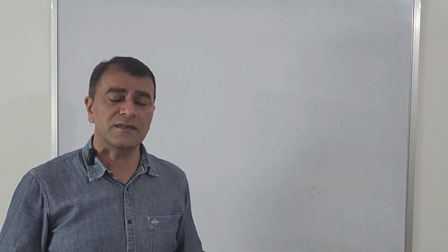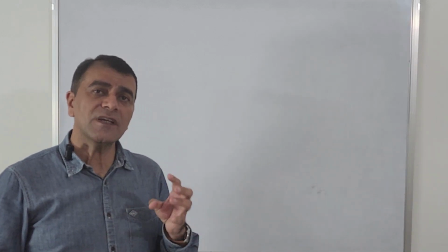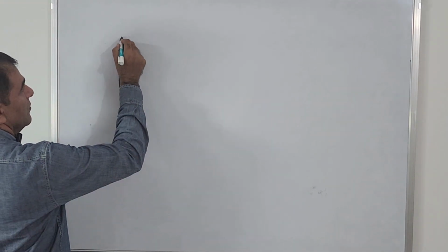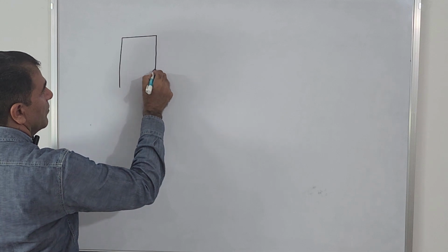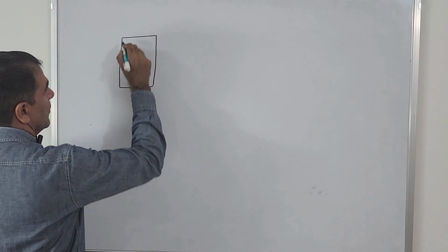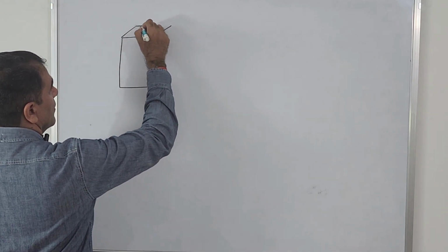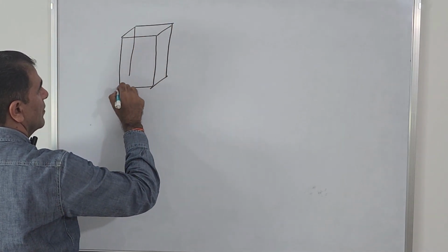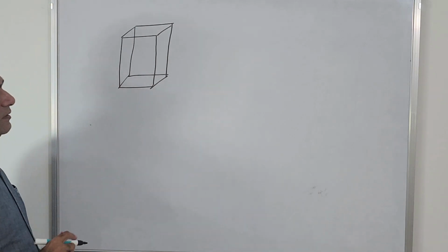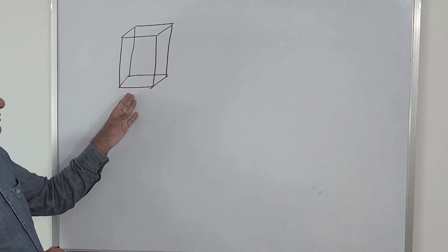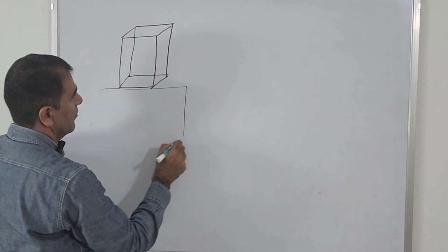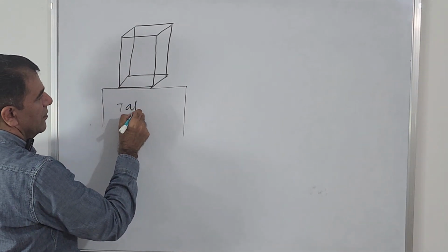It's very easy and simple. You have been given a block like this. This block is kept on a table. Say this is a table.